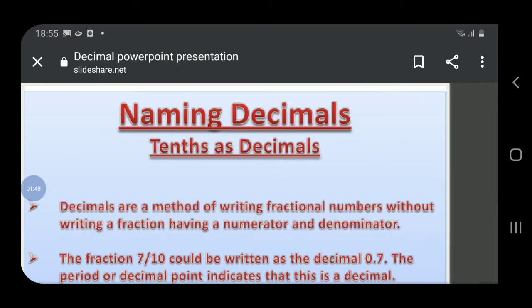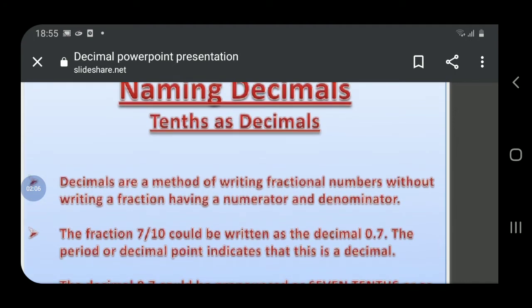Okay, so now we have understood the difference between a decimal and a fraction. I will tell you an extra point. Decimals, fractions and ratios are the same things but are written in different ways. So the fraction 7/10 can be written as the decimal 0.7. The period, or decimal point, indicates that this is a decimal.